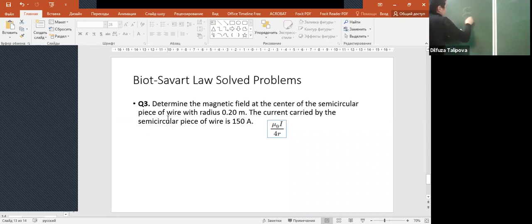Only this, I mean. Okay, and the current is carried in this direction. So this radius R is equal to what? 0.2 meters. And current 150 amps here. We should find the magnetic field at the center of the semicircular piece of wire. Okay.